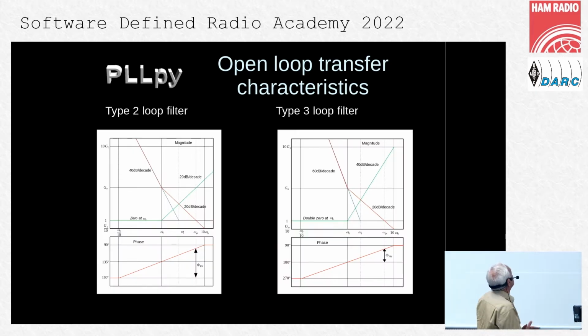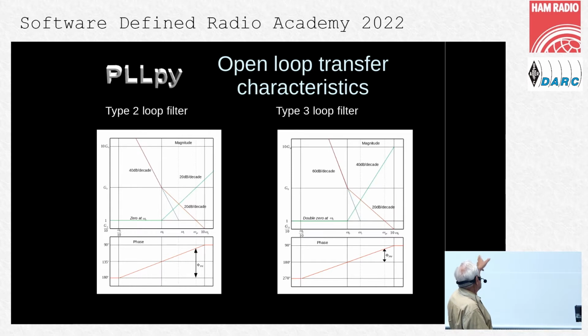Here you can see the open loop transfer functions. On the left side, the type 2 PLL, on the right side, the type 3 PLL. Because it has two integrators, the curve starts with a 40 dB per decade descent. At omega 0, you have a zero, so the curve changes to a 20 dB descent. And if the PLL is correctly designed and stable, this 20 dB descent should cross the unity gain line.